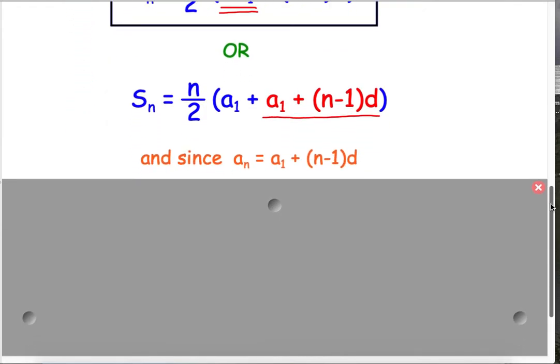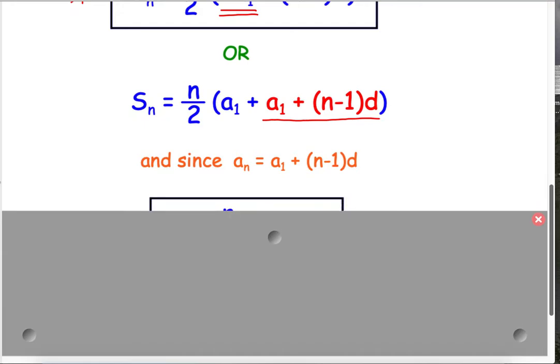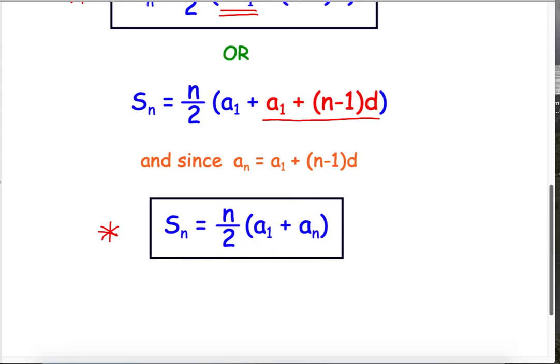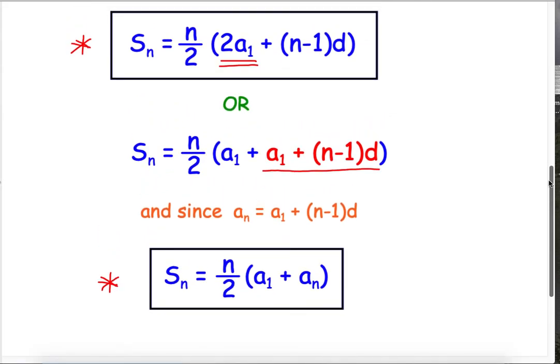So in this formula for s sub n, I could replace the stuff in red with a sub n. And so we have a second formula, which is actually the same as the other one. They represent the same thing. But two different formulas, and use whichever one you want.